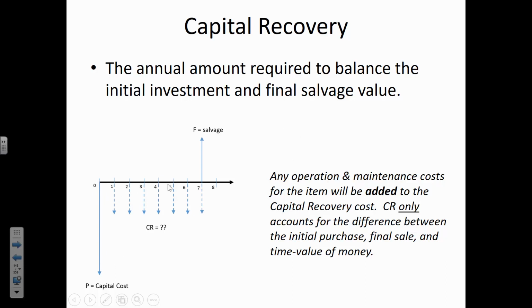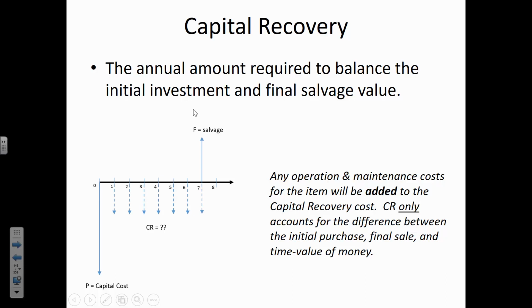It represents the difference between the two, and so when you calculate the capital recovery, you're estimating how much revenue is needed in order to recover the difference between the initial purchase and the ultimate disposal of the item, taking into account the time value of money.